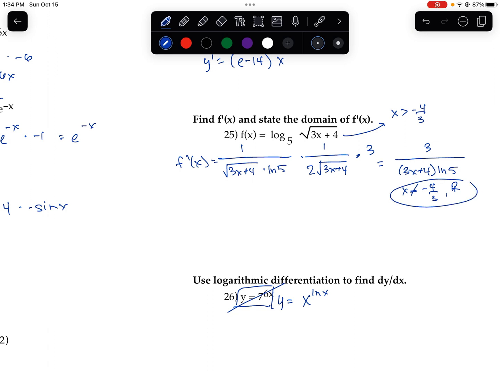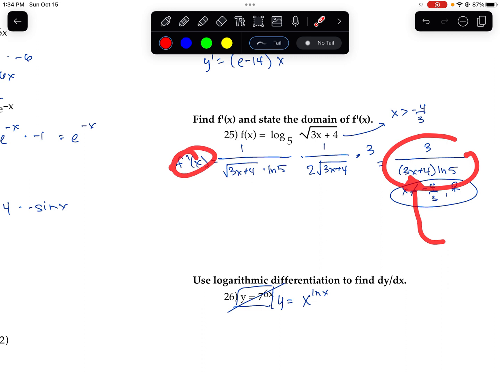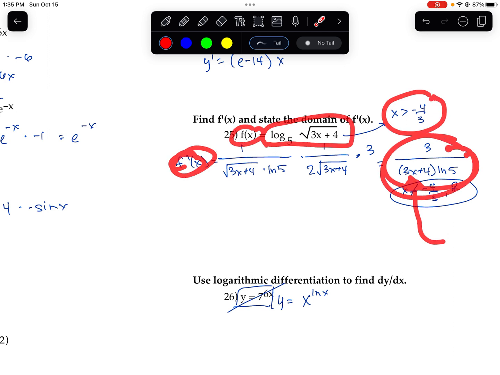But that doesn't really work too well with our function over here. I can plug -2 into my derivative and get an output, but that wouldn't make sense in terms of the relationship between the derivative and its function, because this function doesn't exist at -2 or -3 or -4, but this derivative does.